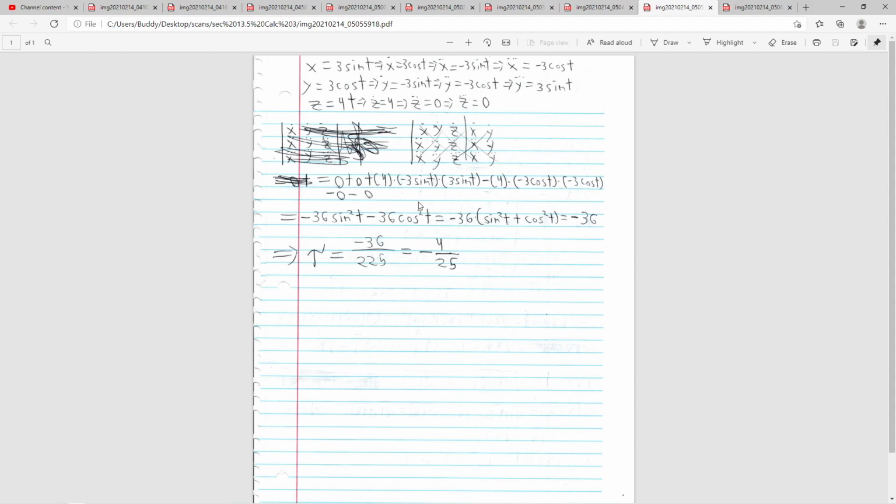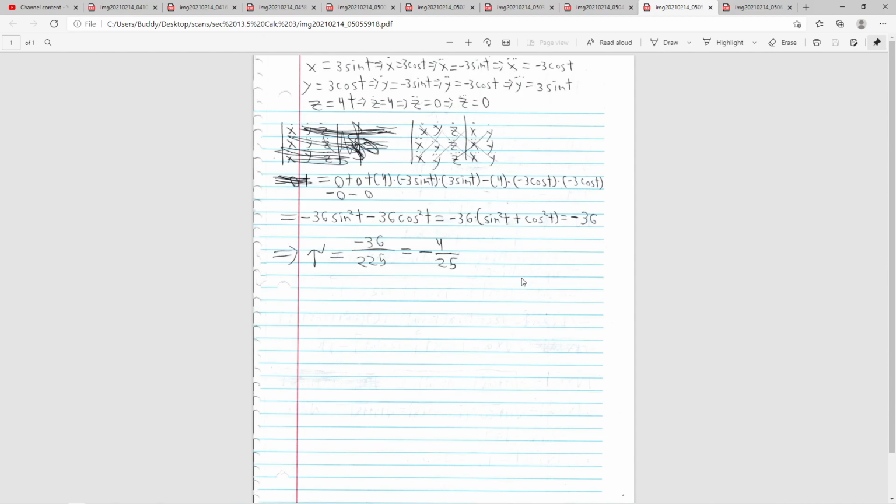Only two of these are serious terms. Imagine if all these were non-zero, that would be annoying to calculate. So it becomes negative 36 times sine squared t plus cosine squared t. Again, very important, highlight that every time.